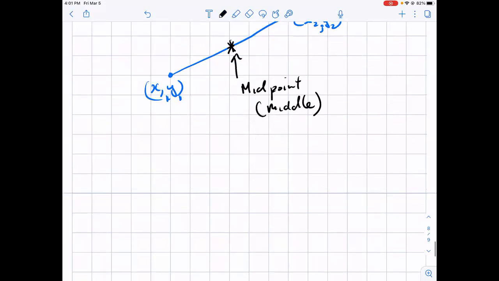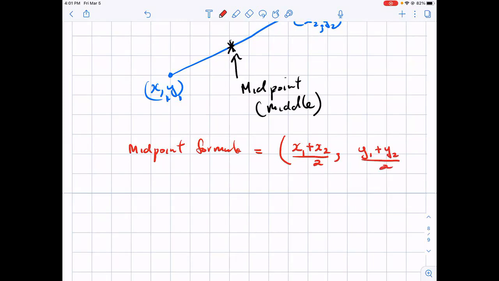So the midpoint formula, okay, is equal to x1 plus x2 divided by 2, comma, y1 plus y2 divided by 2.